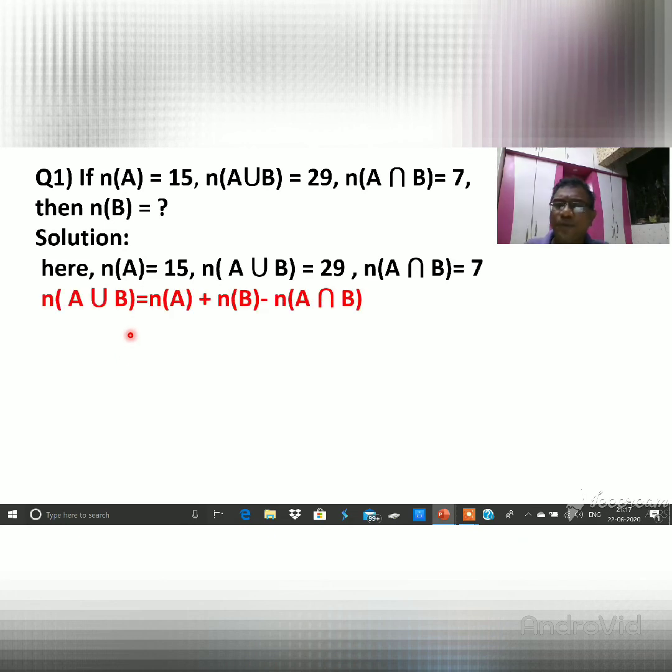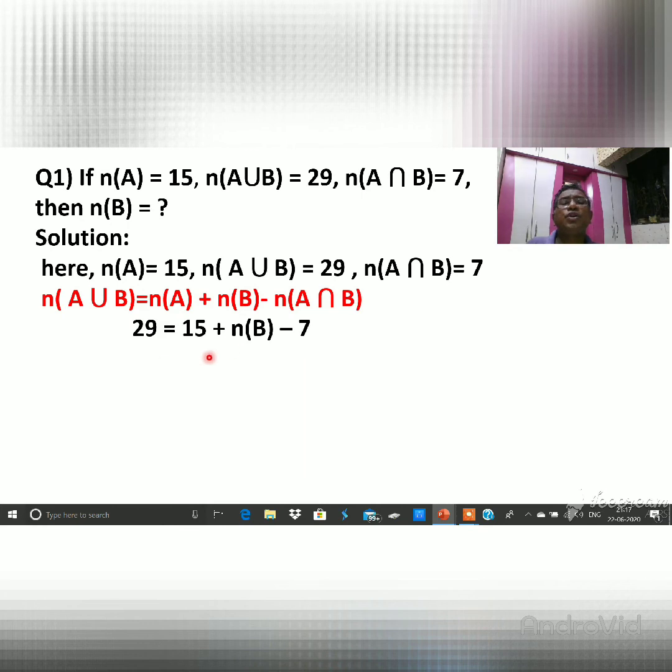I am using the formula: number of A union B is equal to number of A plus number of B minus number of A intersection B. So number of A union B, 29, is written here. Number of A is 15. Number of B, which we want to find out, is kept as it is. Number of A intersection B is minus 7.